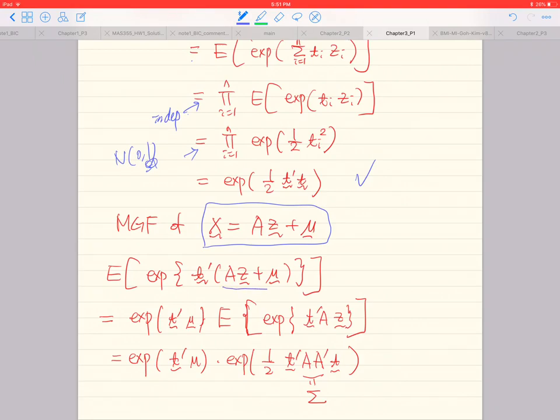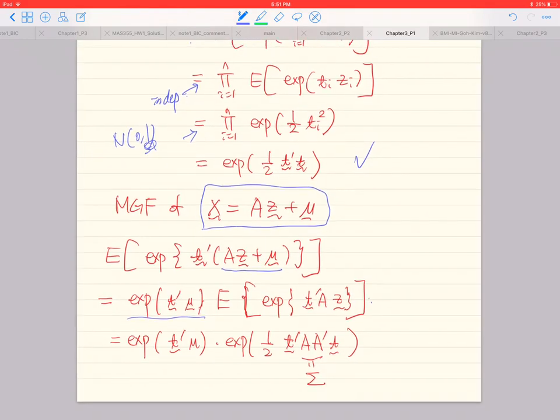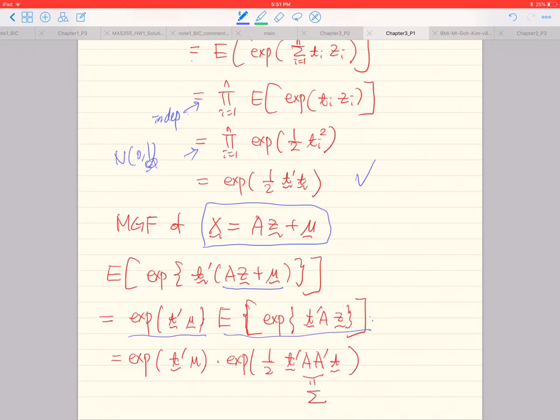We just use the definition, right? And then simplify, and basically the scalar term can go outside the expectation, and inside this one we just use the definition. And then this one becomes this one, because we can call this S, and the vector as T. So what is the result? Well, we already know.